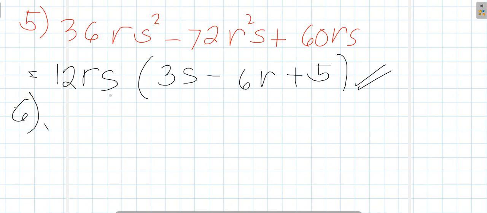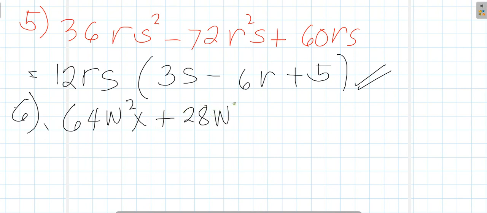Okay, another example. So if we have here 64w squared x plus 28w to the fourth x minus 72w cubed x.